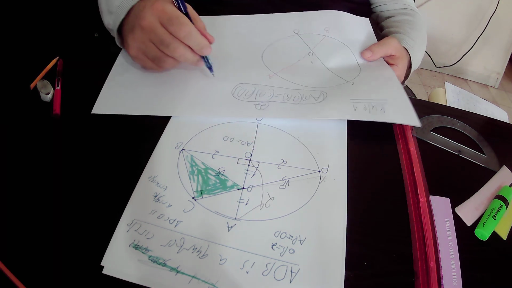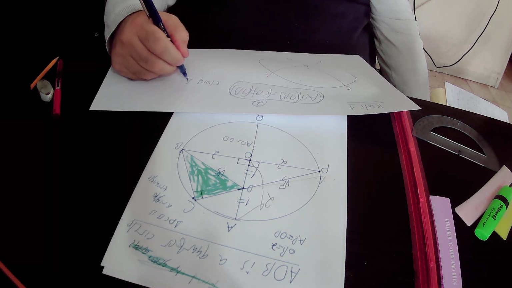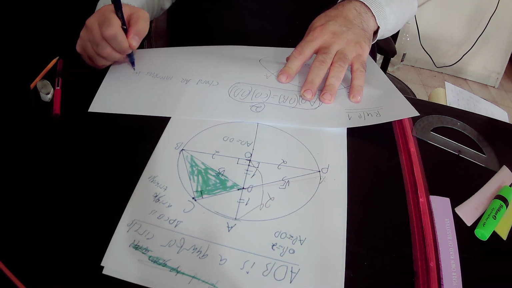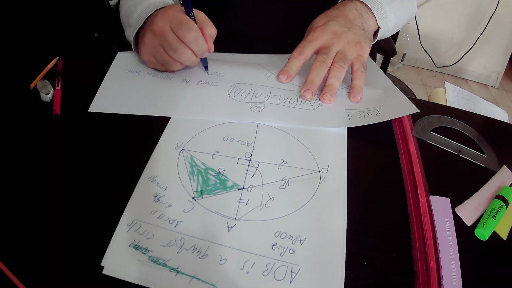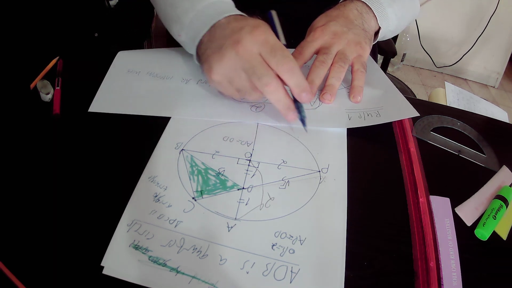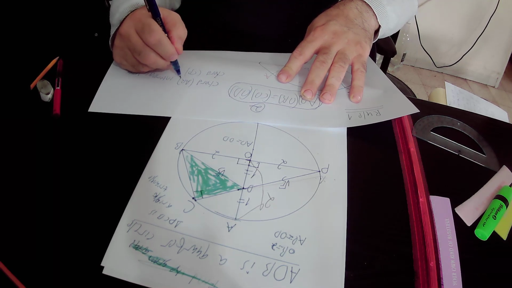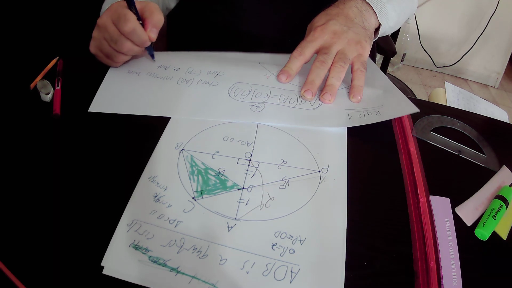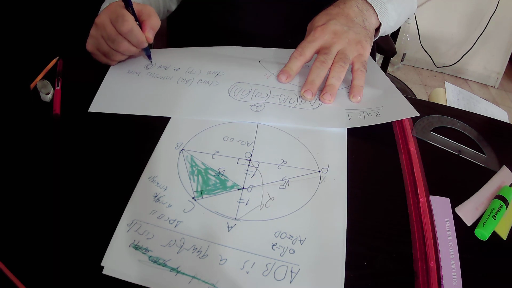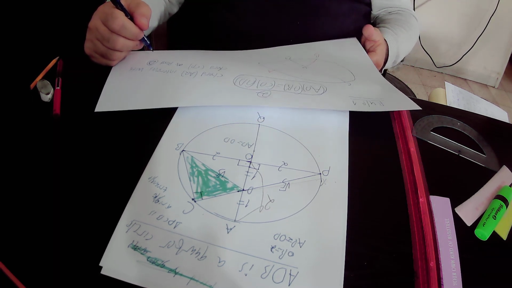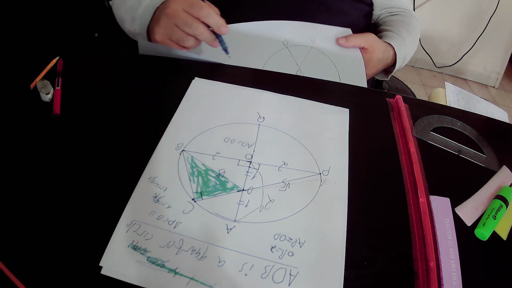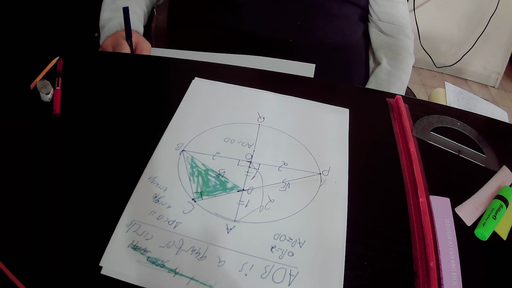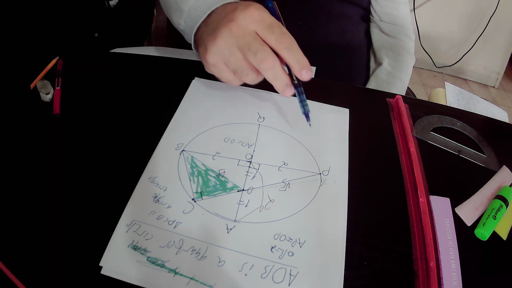Chord AQ intersects with chord CP at point D. Therefore, according to rule number 1, we get that AD times DQ equals PD times DC.